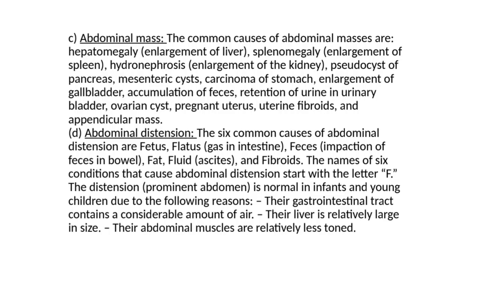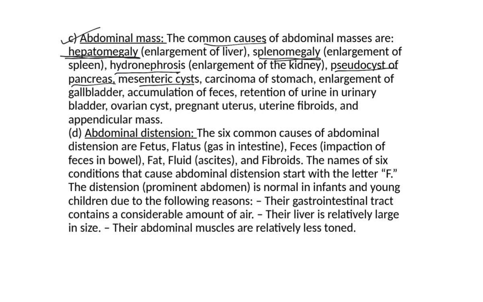The next disturbance is the abdominal mass. Common causes are hepatomegaly, that is enlargement of the liver, splenomegaly, enlargement of the spleen, hydronephrosis, enlargement of the kidney. That enlargement is due to the accumulation of water. Then pseudocyst of pancreas, that is also an enlargement.